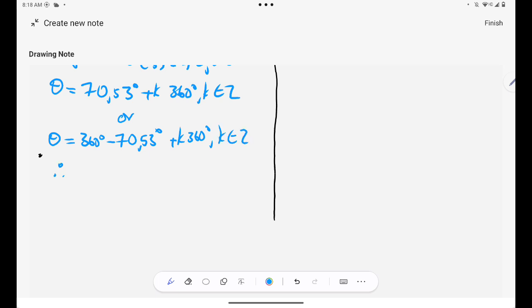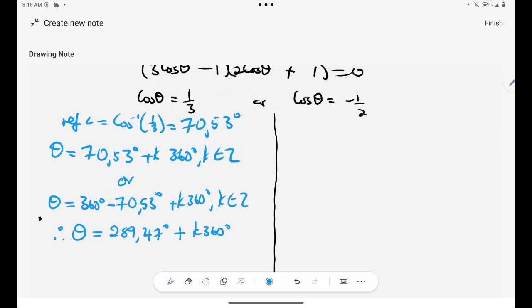So therefore the answer will be 289.47 degrees plus k360. Are you together, guys?